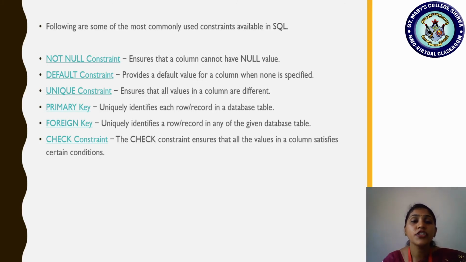If you had attached a default constraint, you should also specify what default value it should add if a value is missed, something like name, or name one. So some default value we can fix there. If the name is skipped, the default name we have given in the constraint will be considered.